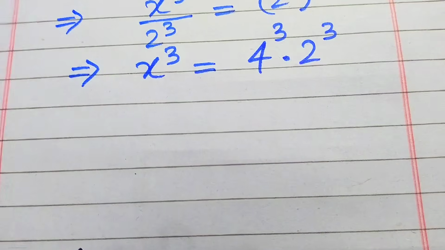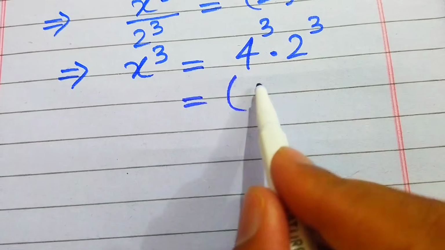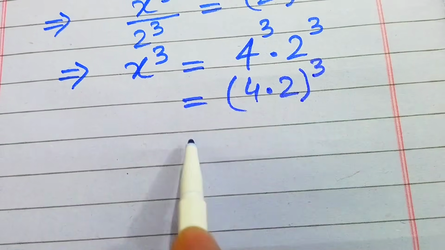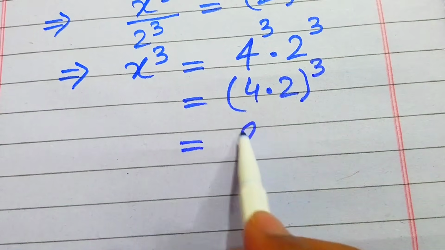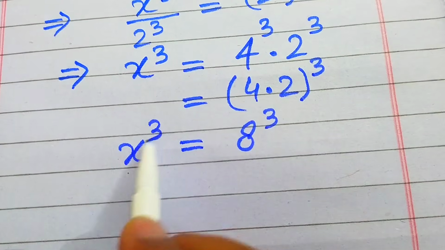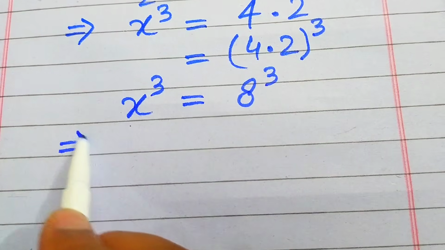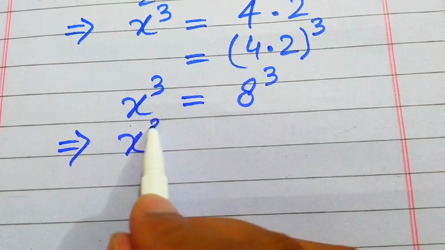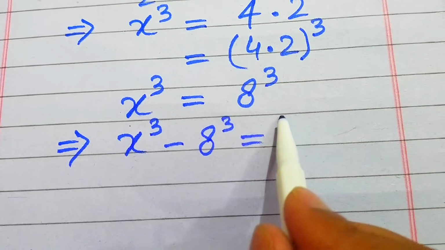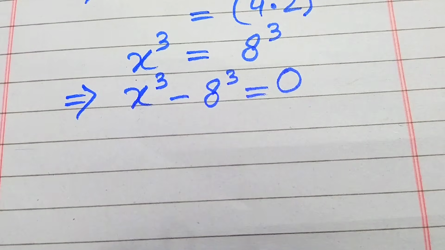You see that the cube lies on both terms, so we combine the exponent and it will be written as 4 multiplied by 2, whole cubed, and 4 times 2 becomes 8 cubed, and on the left hand side we have x cubed. Now we move the term 8 cubed from the right hand side to the left hand side, and we get x cubed minus 8 cubed equals 0.